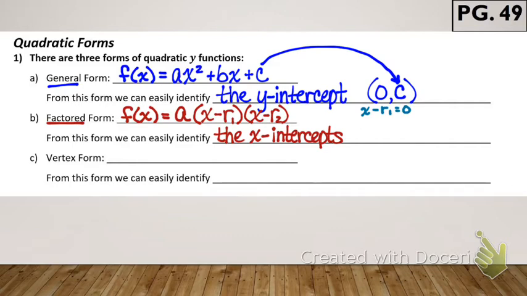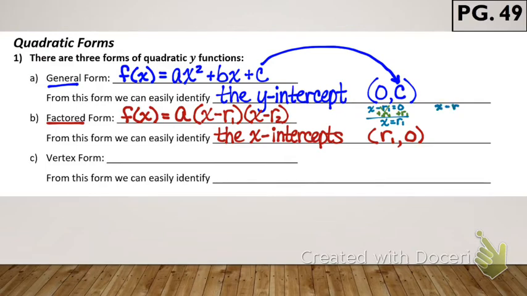And then we will solve for each of those roots. So if it's subtraction, that means I add it to both sides. And if it's addition, then I would have to subtract it from both sides. And so I get x equals r1. That's what I would use to write one of my ordered pairs for my x-intercepts. X-intercepts always start with where it crosses the x-axis, and then it's always followed by a 0.